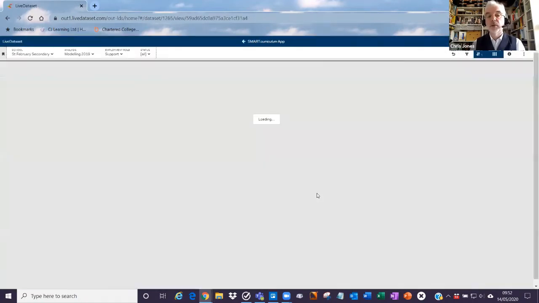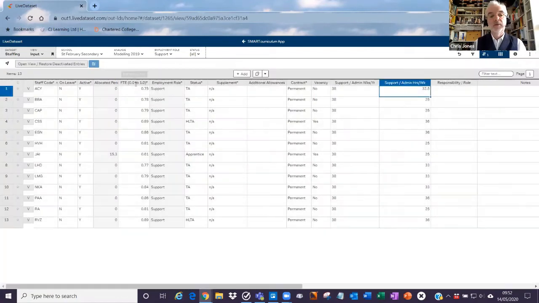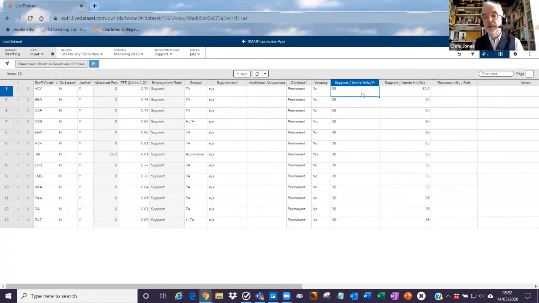So effectively, what we're saying is the full-time equivalent for admin and support members of staff will be calculated. You don't have to estimate it now, but it will be from the number of weeks that they do in the year, whatever their contract is, as a proportion of 52.14, and then the number of hours that they are employed within a week as a proportion of a full-time contract.